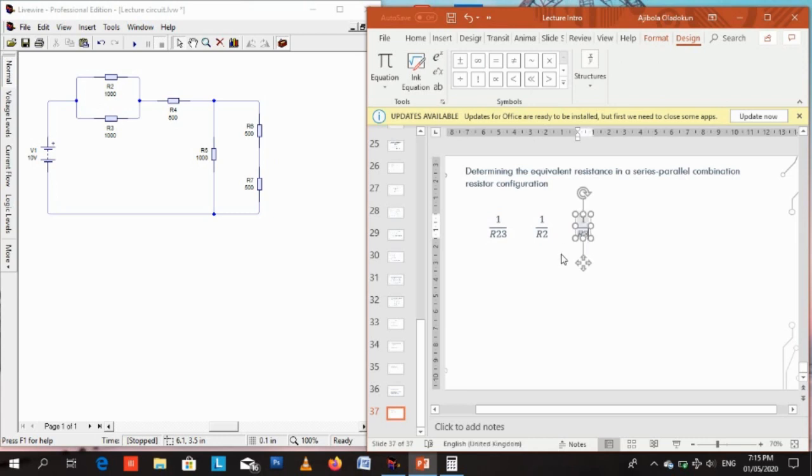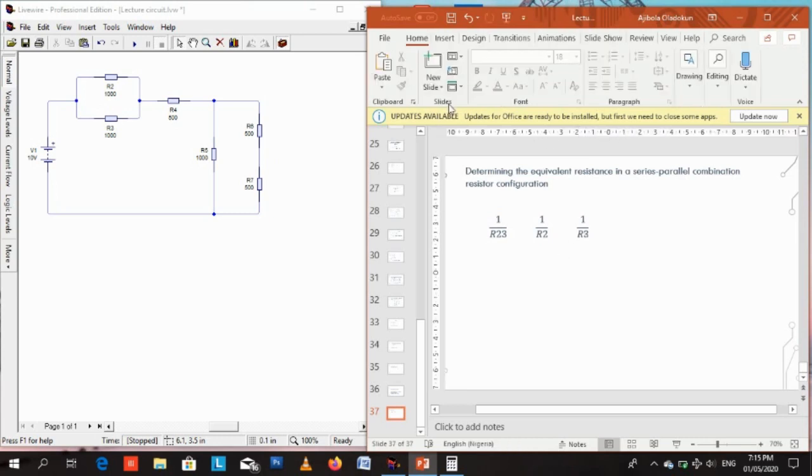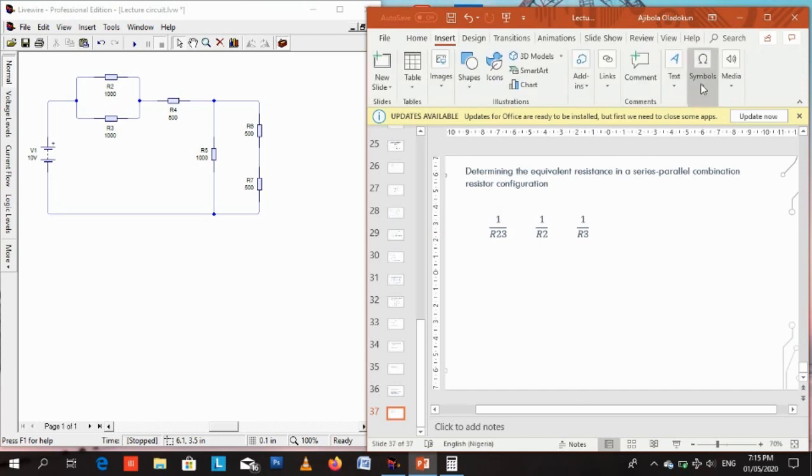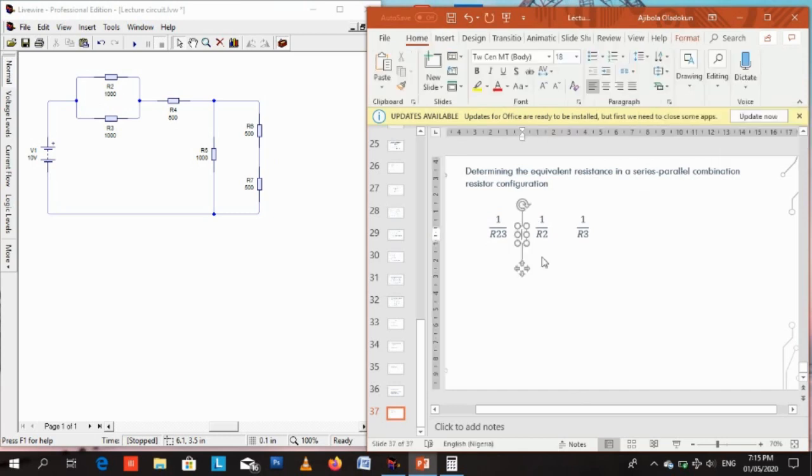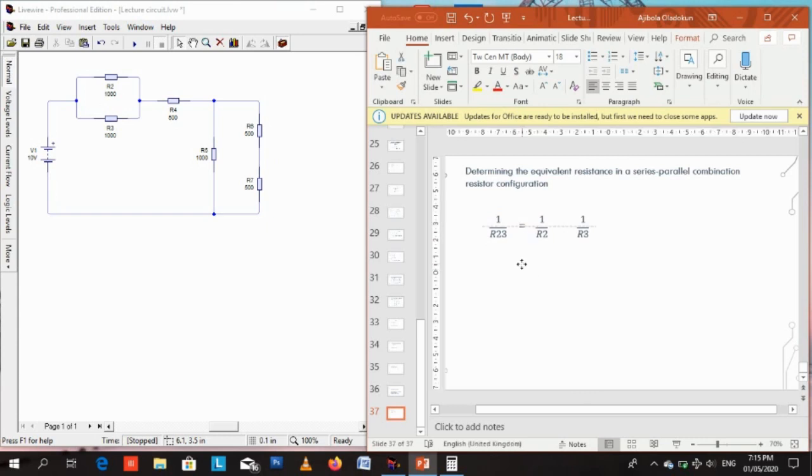1 over R2 plus, insert text, equal to, copy paste, plus.